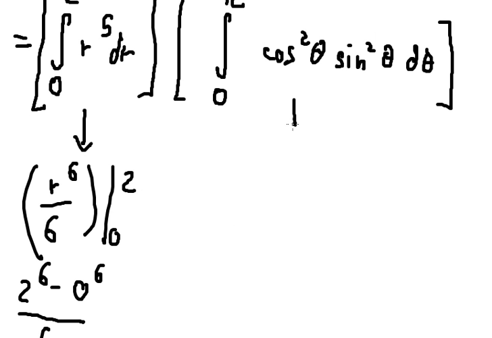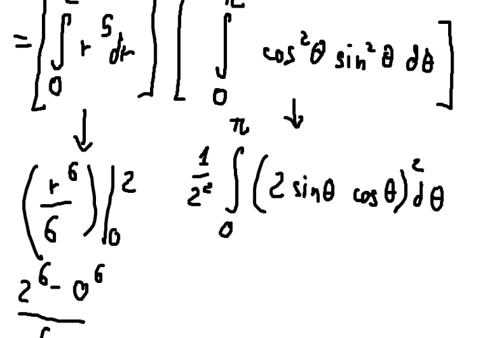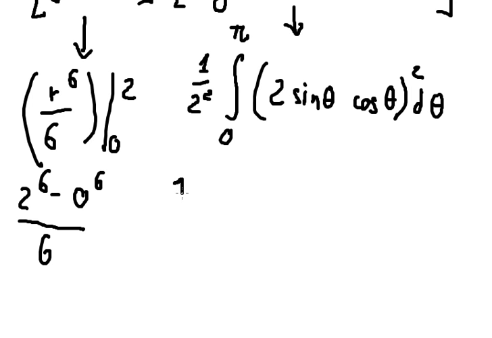Now for this one, we can put 2 to the power of 2, and we have 1 over 2 to the power of 2. So that should be like this. So this one is sine 2 theta. So we have 1 over 4 we put in here.